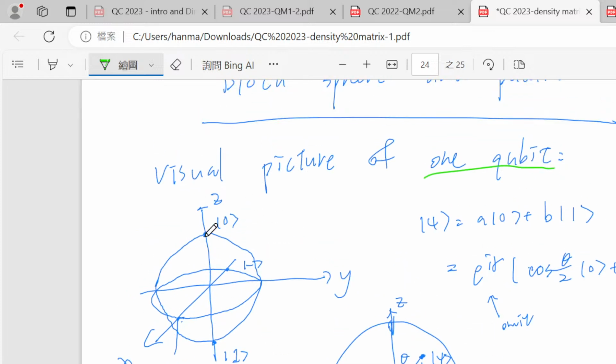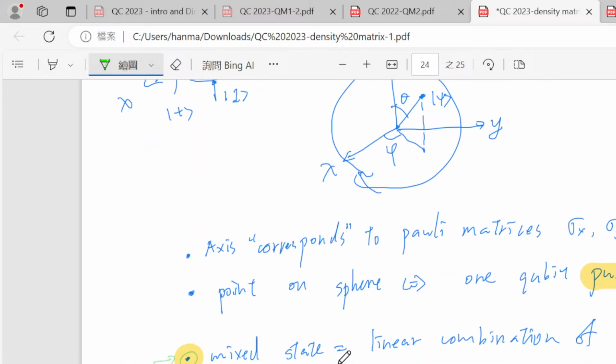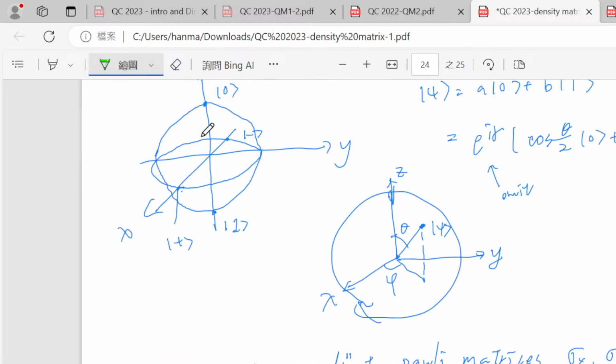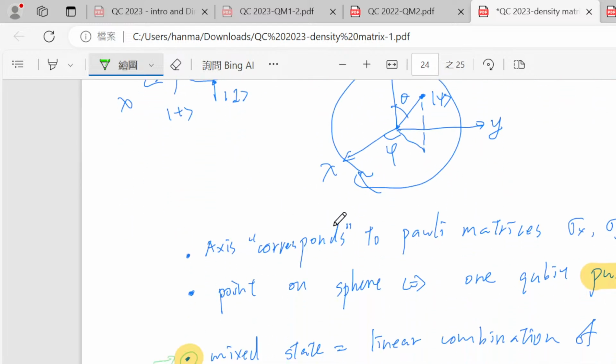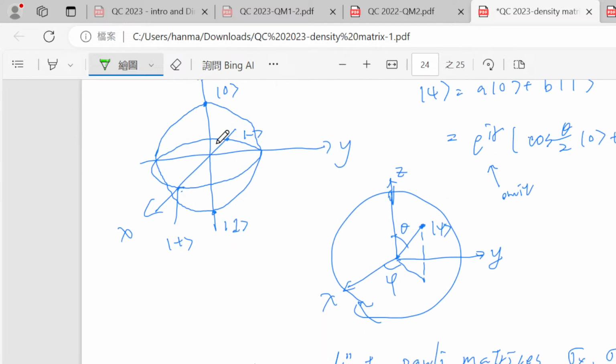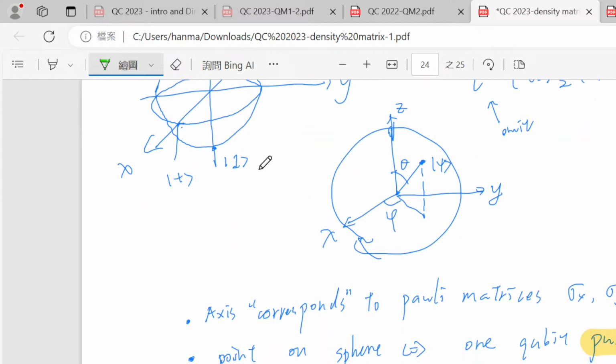For example, 0 is on the positive z-axis, and 1 is on the negative z-axis, and plus is on the positive x-axis, and the minus state is on the negative x-axis. But there are mixed states, and mixed states can also be placed here. If it's not pure, then it's in the inside of this ball.